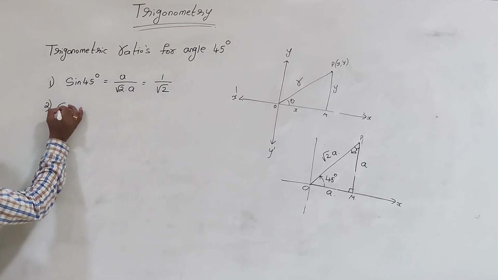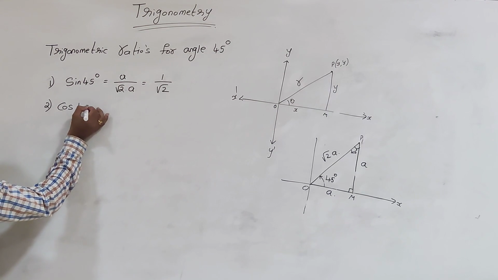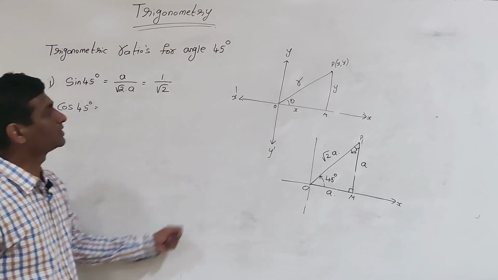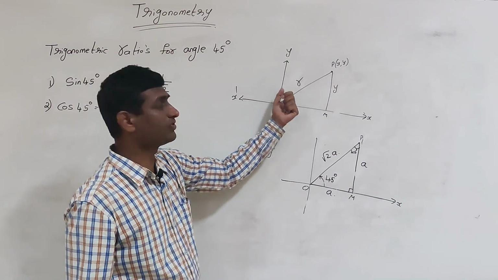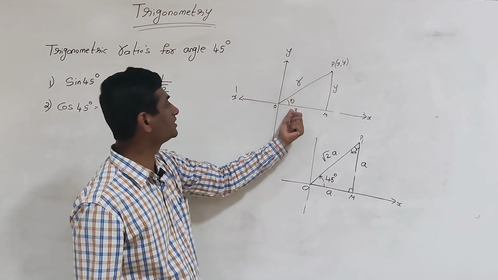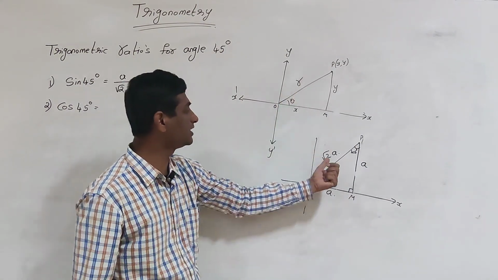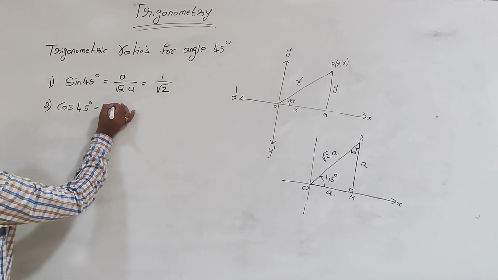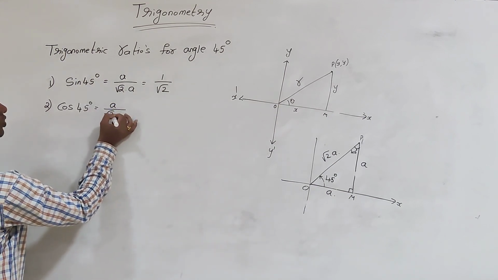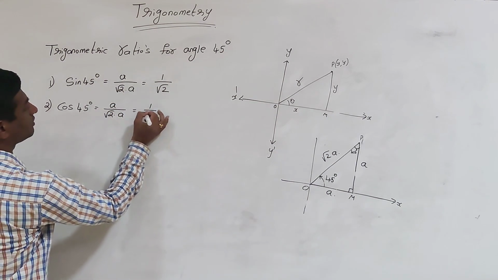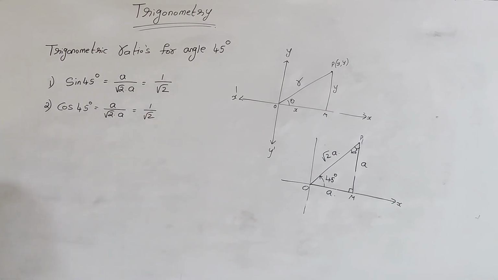Next, cos 45 degrees. As per the definition, cos 45 is x by r. But in place of x it is A, in place of r it is root 2A. So again it will be A by root 2 into A, so again it will be 1 by root 2.